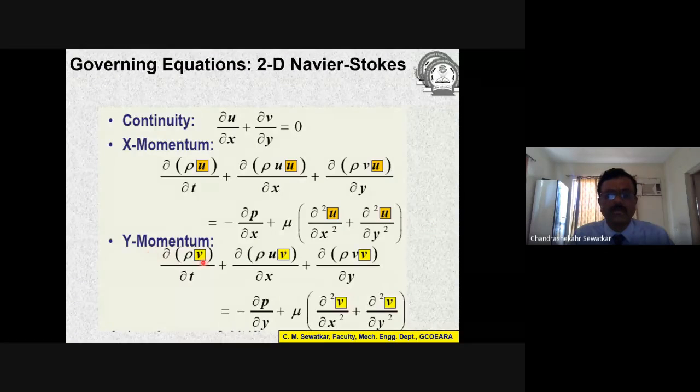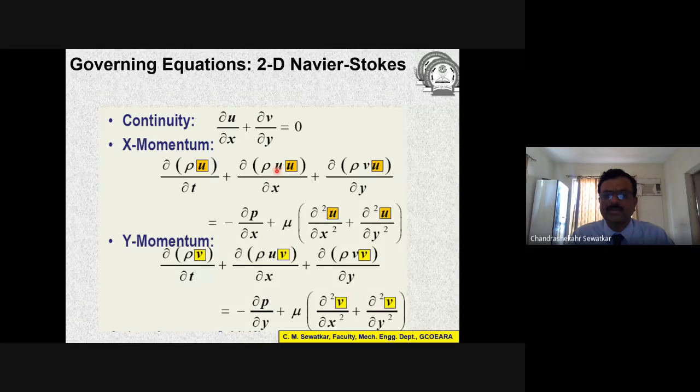So here is the y momentum equation. Instead of u, I have v, which is shown in the yellow color now. What is important to understand here is that in this momentum equation, there are two velocities. One velocity is a convected velocity and another is a convecting velocity. One is a convected variable, another is a convecting variable.